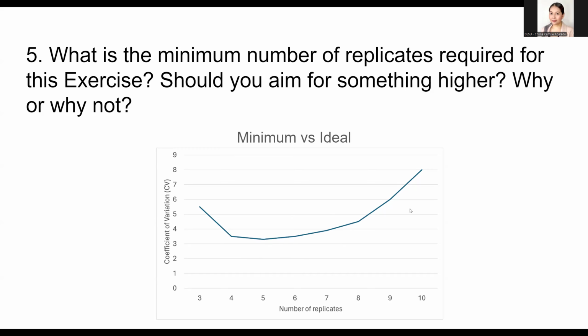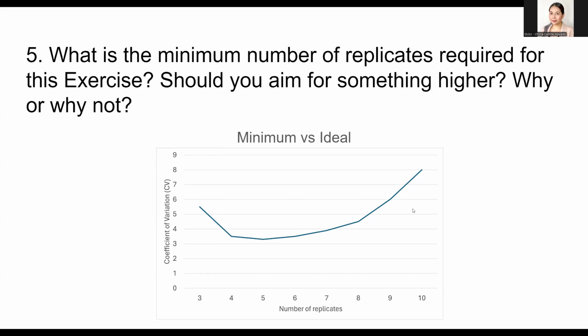But as you go higher, as you increase the number of replicates further, let's say you go to 7, 8, 9, and even 10, then your variation starts to increase again. And this is because the fatigue of the students can actually cause them to increase the error in the experimentation.